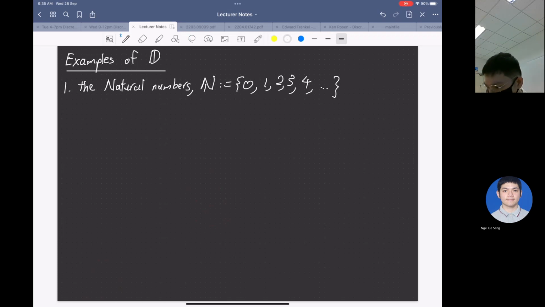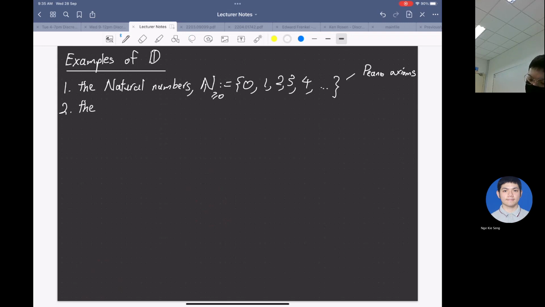But I choose 0 because there's the Peano axioms that build the natural numbers starting from 0, the empty set, using set theory. Maybe we could talk a little bit about that in the next topic. Sometimes people write natural numbers greater than or equal to 0 to emphasize that the natural numbers include 0.